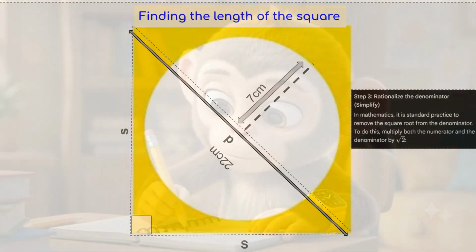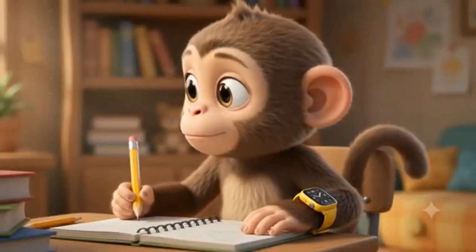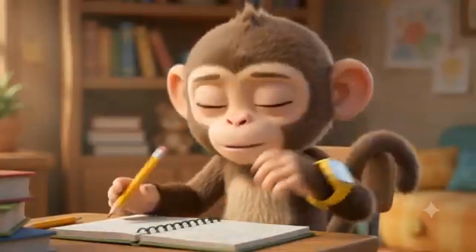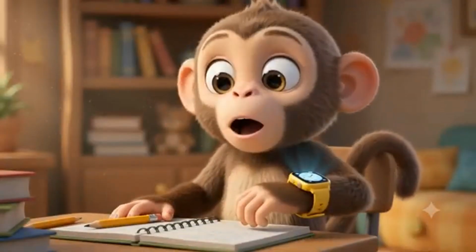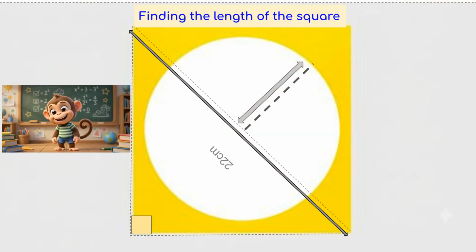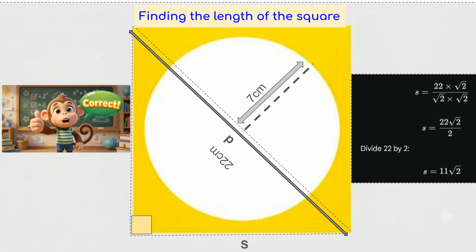To simplify further, we rationalize the denominator by multiplying the numerator and denominator by the square root of 2. Finally, we calculate 22 divided by 2, which gives us a side length of 11 times the square root of 2 centimeters.